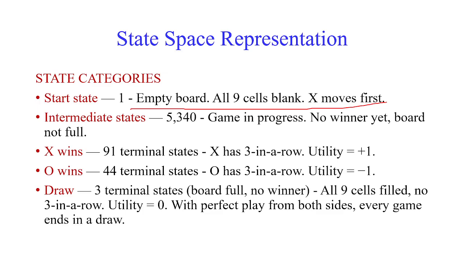So X is about to move and place its turn in any of these 9 cells. If you talk about the intermediate states as the game progresses, that is 5,340 intermediate states. There is no winner yet, and the board is not full at this point of time.